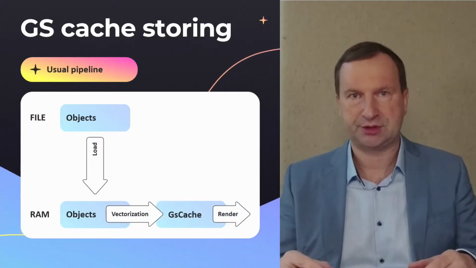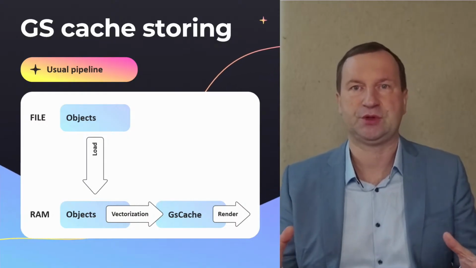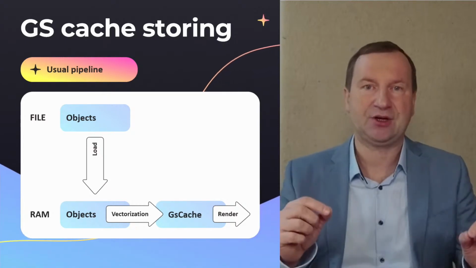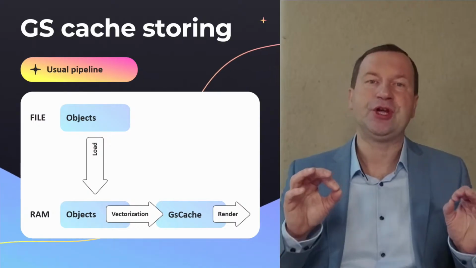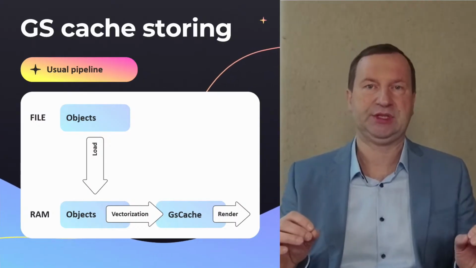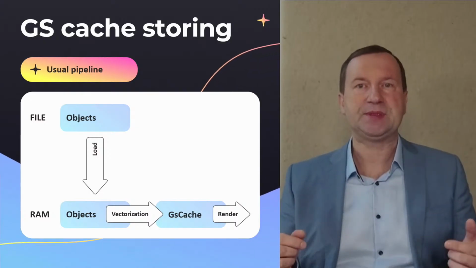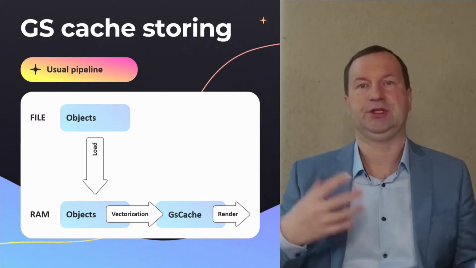First, loading objects into operating memory to create a high-level representation of the objects stored in the Visualize database. And second, a vectorization step, which generates a low-level representation of the objects stored in the GS cache. This means we store two types of objects in RAM, Visualize objects and GS cache.